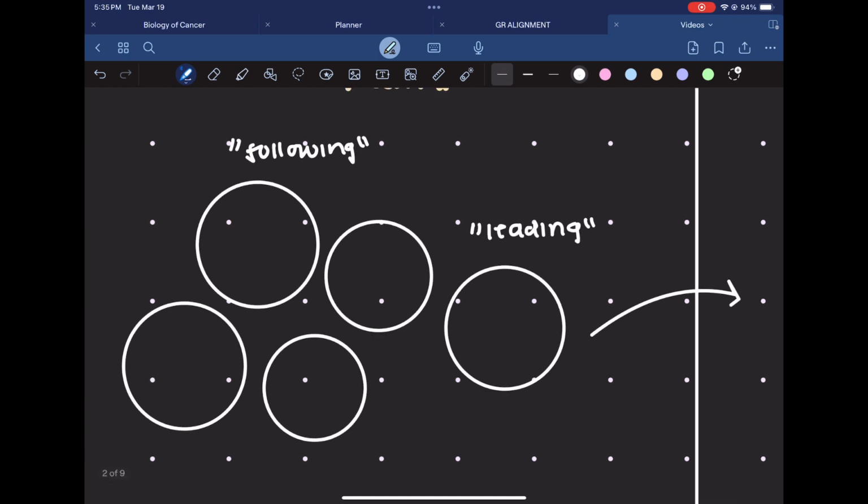So our leading cells are going to have different protein expression compared to our following cells.